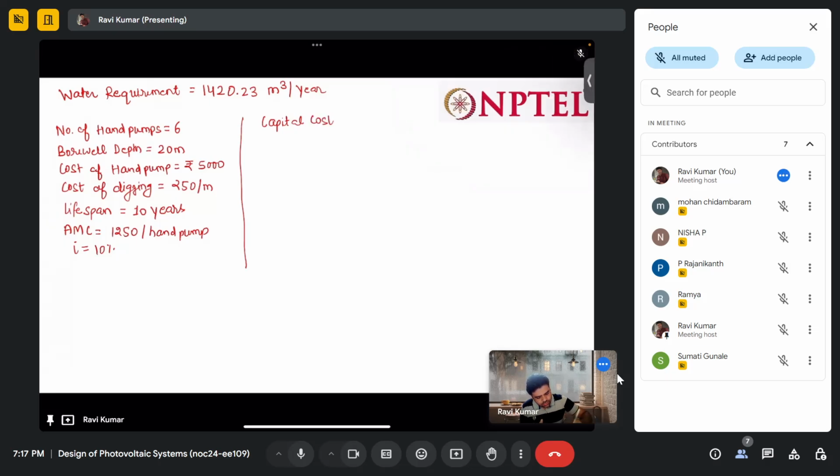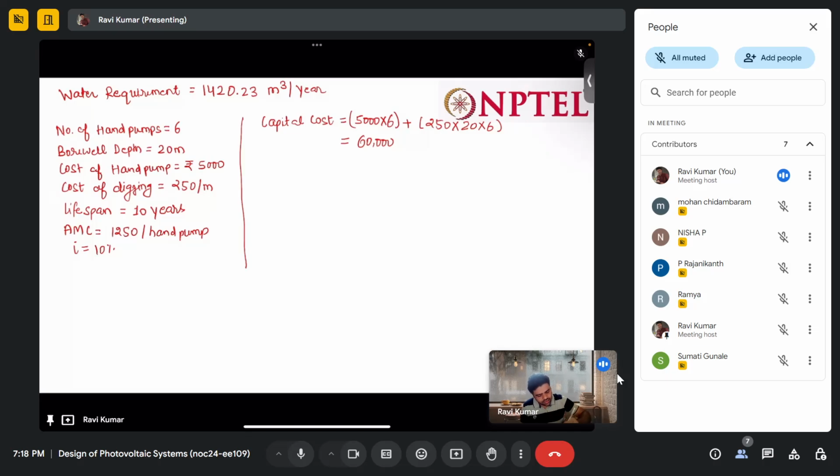Capital cost is the cost of hand pump, that is 5,000 into 6, plus cost of digging, which is 250 into 20 meter borewell depth, into 6 different hand pumps. So total capital cost we have is 60,000 rupees.